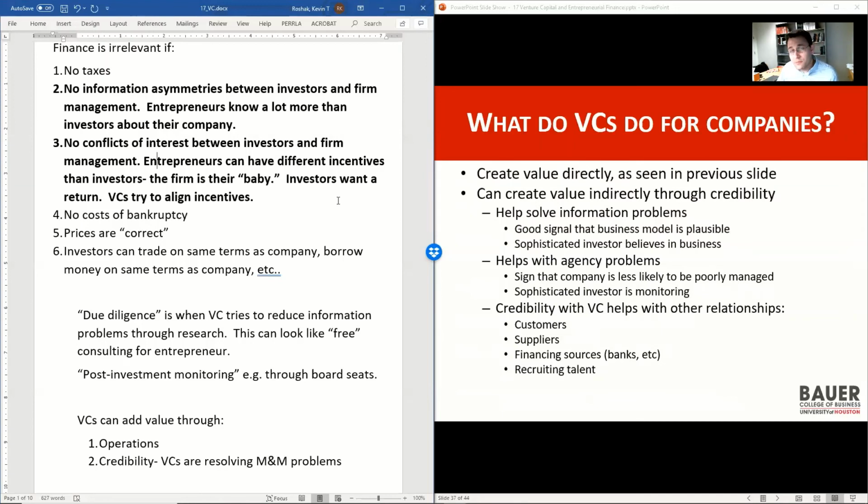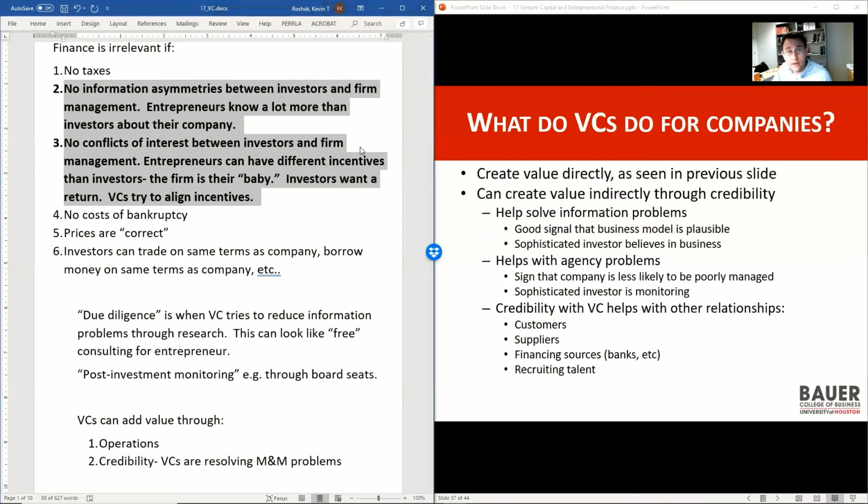The VC is putting money on the line, and the VC is a pretty sophisticated investor. And so that's going to help. Maybe if the VC is financing this startup, now you're more willing to work for the startup. That's what I mean by credibility. These financing frictions affect the operations of the company, right? If the management has information that no one else has, then maybe you shouldn't work for them.